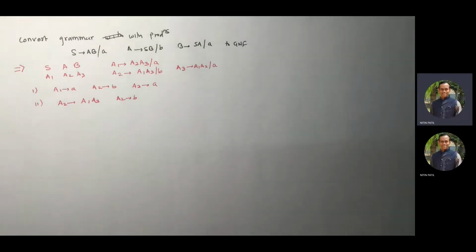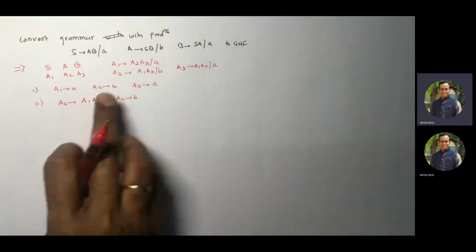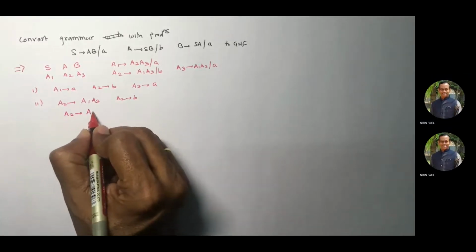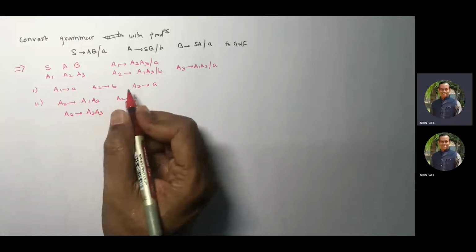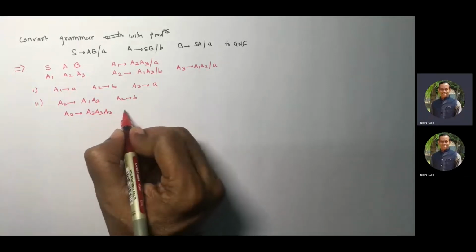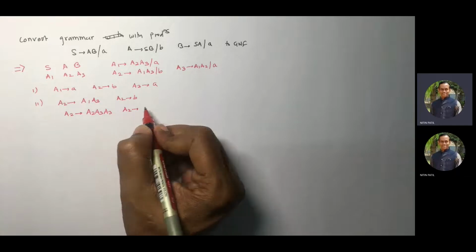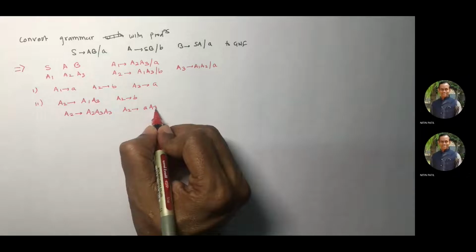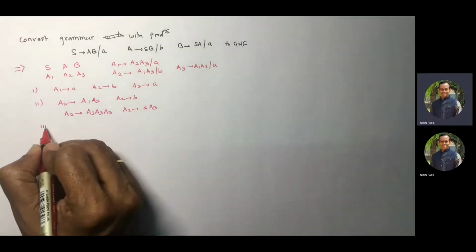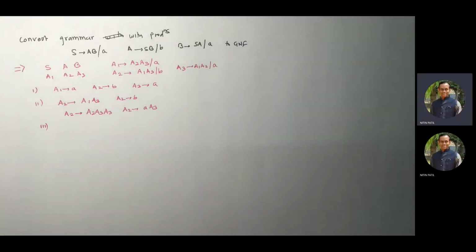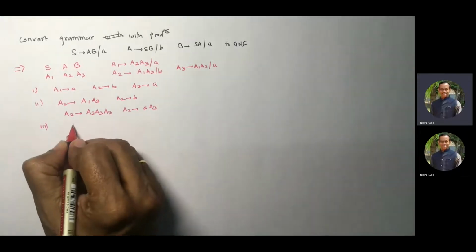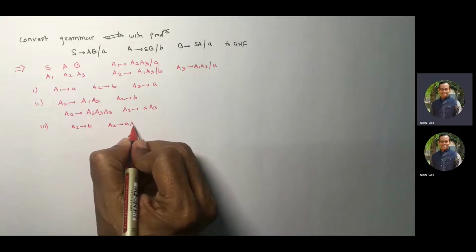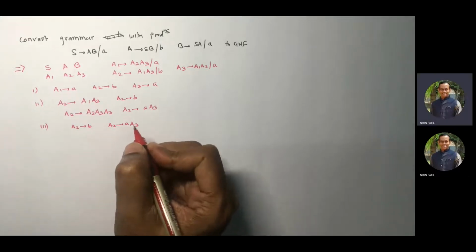So now add A1 productions there. I replace A1 by its own productions of A1. You get A2 gives A2, A3, and A2 gives A3. Now for A1 we have A, so A3. So now you have productions as A2 gives B, A2 gives A3, correct?